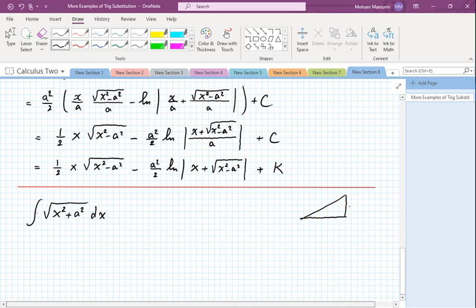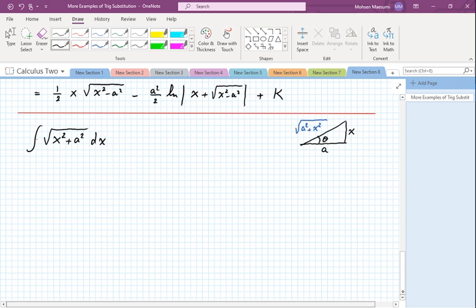So if x is a leg, it's going to be this one. If a is a leg, it's going to be this one, and the radical will be the third one. Our angle is always this one, the angle theta.